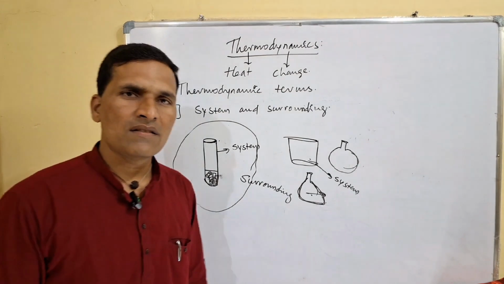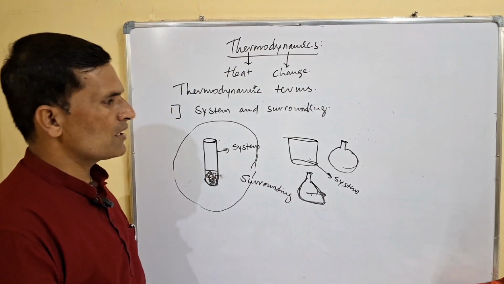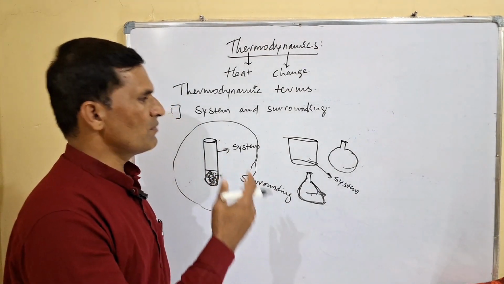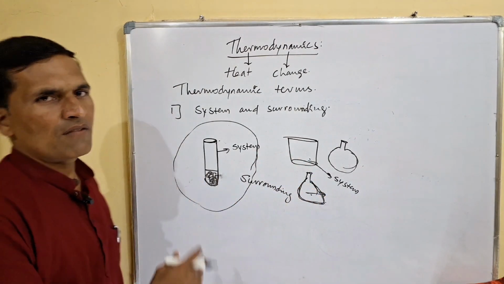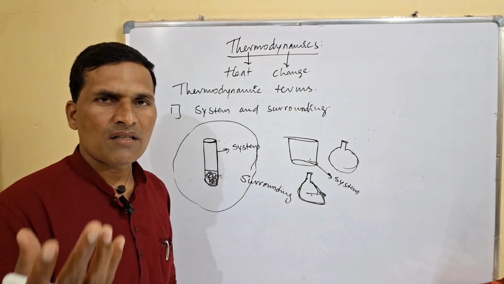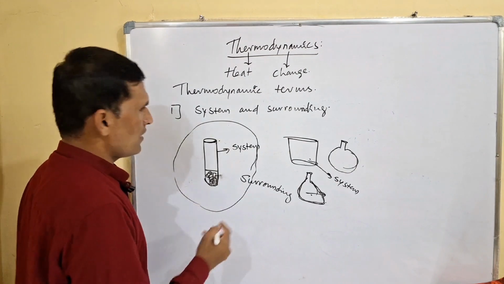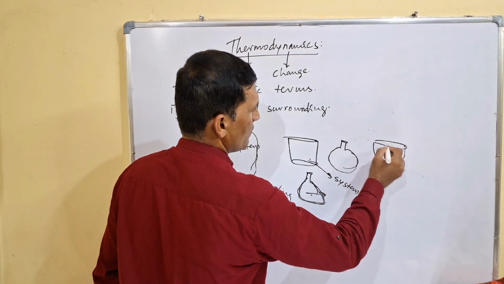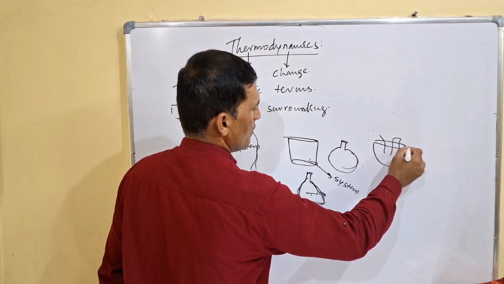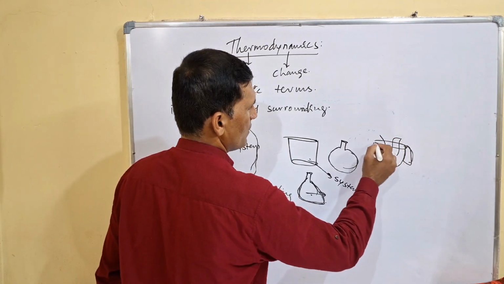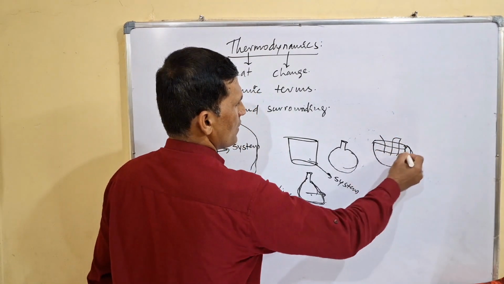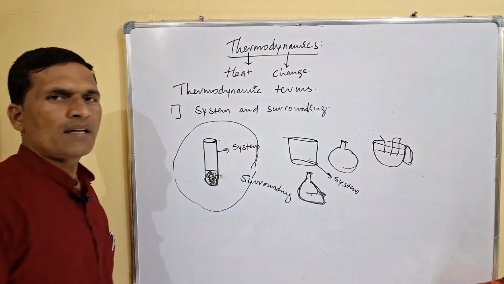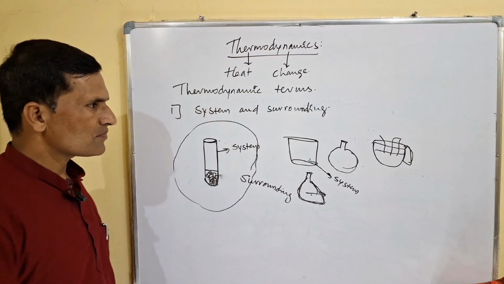Your system may be a beaker, your test tube, your round bottom flask, your conical flask, or a cup of tea containing hot tea. A cup of tea can also act as a system, and we will take this example while talking about various types.